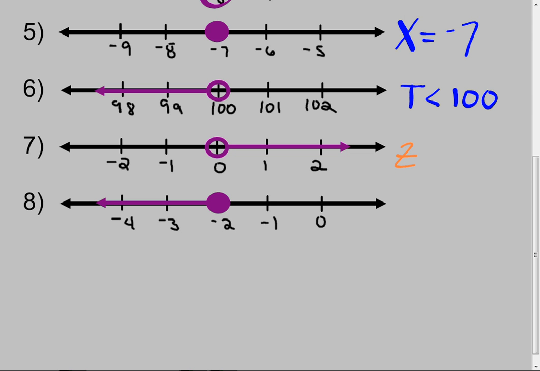I did T for Teddy. Bigger than anything, 0. That's right. And then -8. T is smaller with a line underneath. Less than or equal to -2.